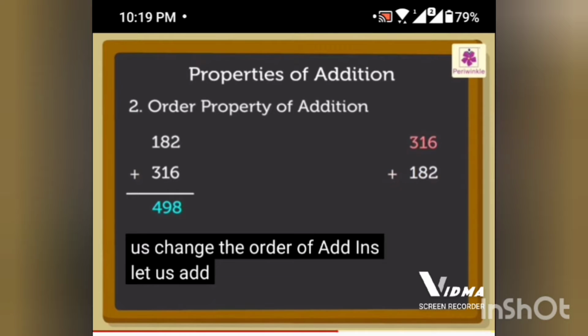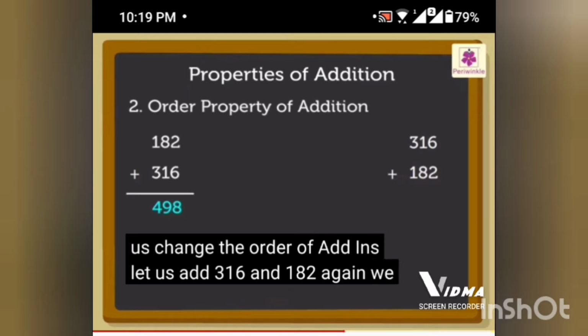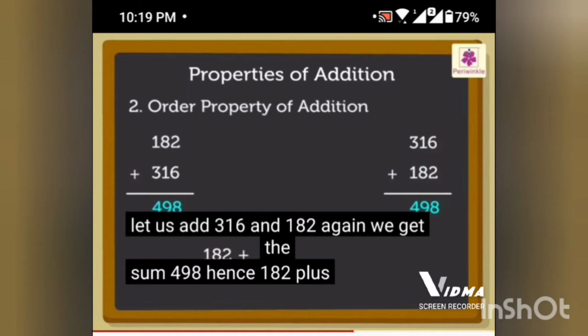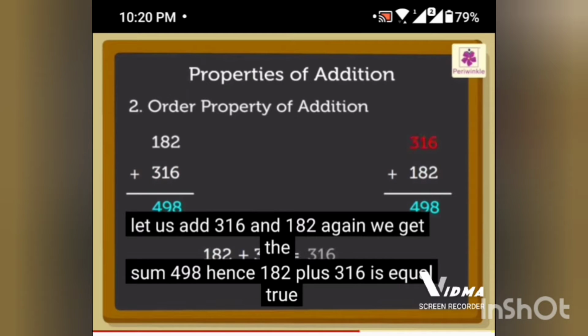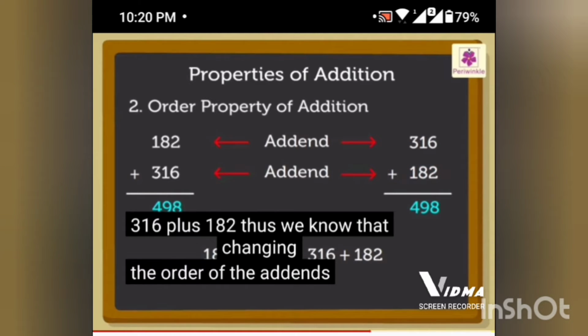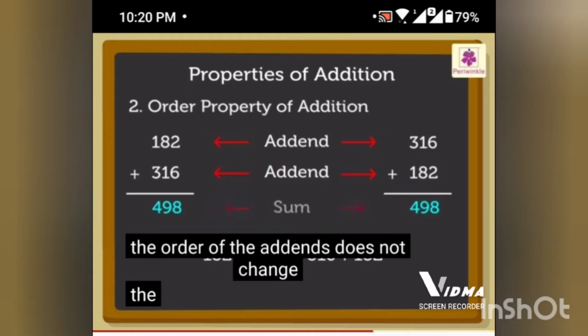Let us add 316 and 182. Again, we get the sum 498. Hence, 182 plus 316 is equal to 316 plus 182. Order of the addends does not change the sum.